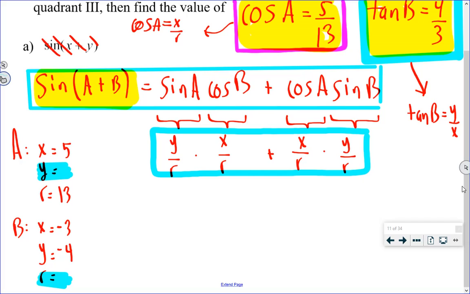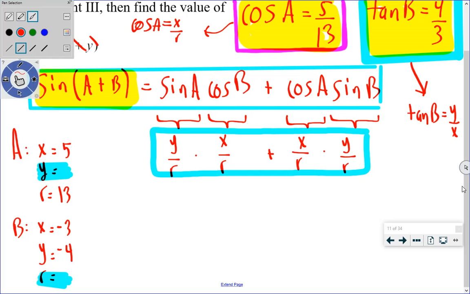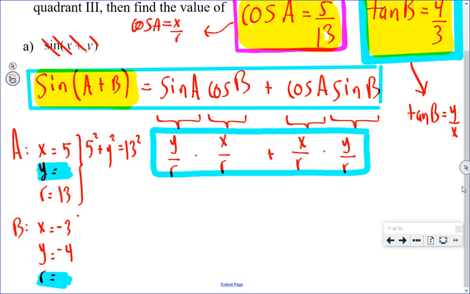This is a Pythagorean Theorem thing. So for this, it would be 5 squared plus y squared equals 13 squared. For this, it would be negative 3 quantity squared plus negative 4 quantity squared equals r squared. So we can calculate r and we can calculate y.